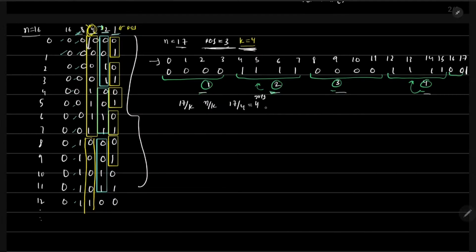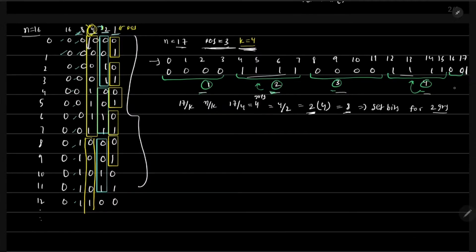Now if you further divide 4 by 2, because only 2 groups are fully ones, it will be 2. Now I have 2 groups with all 4 ones, so 2 into 4 is 8. So 8 set bits for 2 groups.